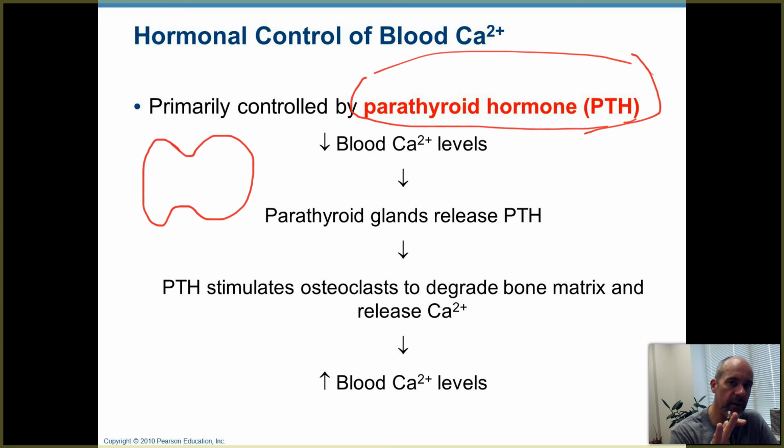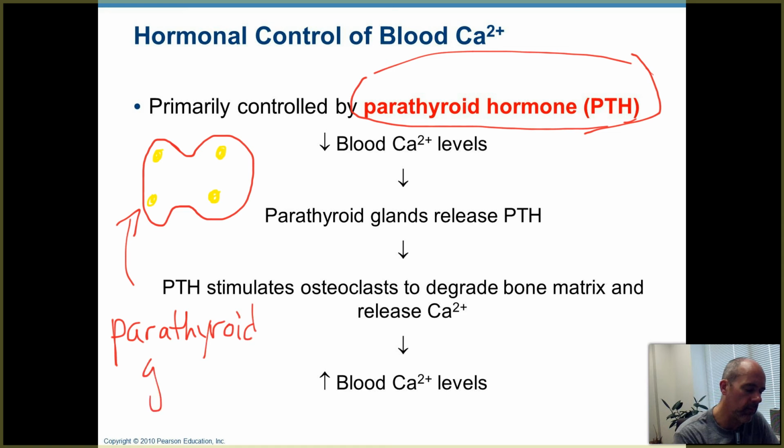And if you flipped the thyroid gland around and looked on the back, you would see 3 or 4 little bean-shaped glands sitting on the posterior side of the thyroid, and those are called your parathyroid glands. If I recall correctly, most people have 4, some people have 3, so it can vary from person to person. So again, they're on the posterior side of the thyroid.